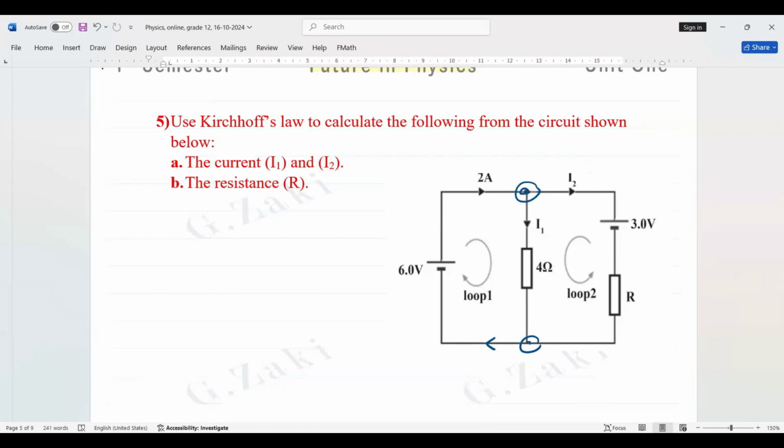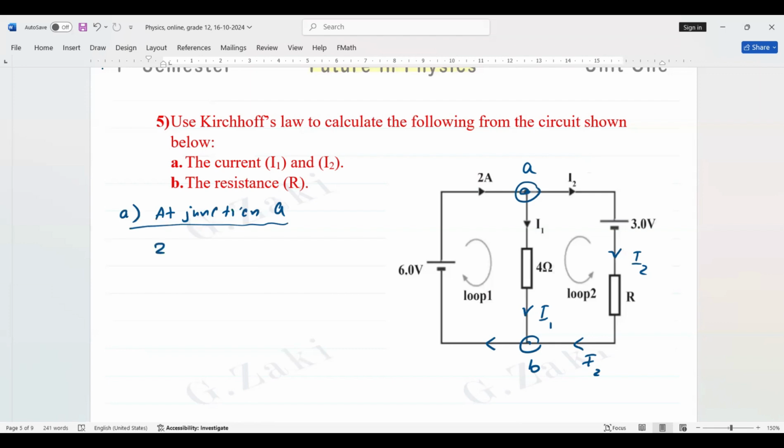We can say this is junction A and this is junction B. The current 2 ampere starts from junction B and ends at A. I2 starts from A and ends at junction B. I1 starts at A and ends at B. Now we apply Kirchhoff's first law. We write at junction A: the sum of currents in equals out. The current in is 2 ampere.